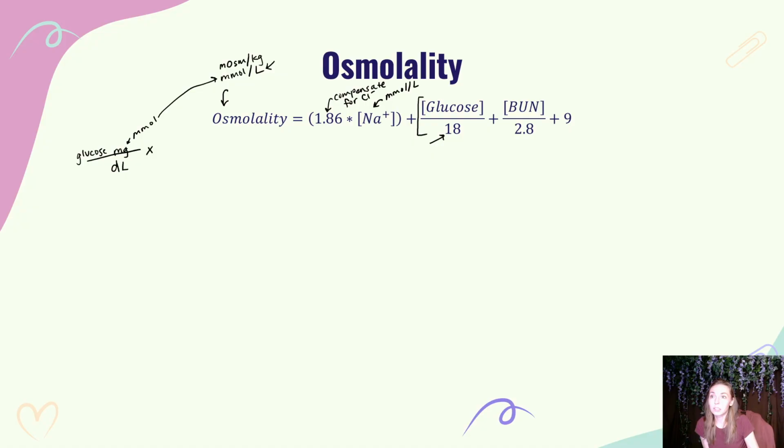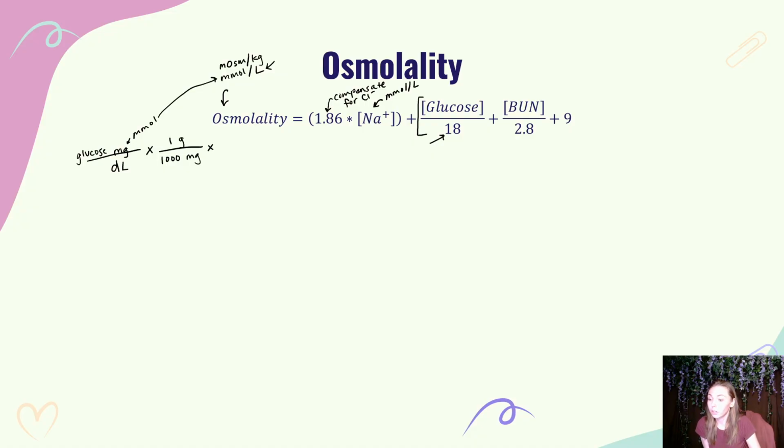Because it's already in the format we need, we don't have to do the conversion. Anyway, I have my milligrams per deciliter. I need to convert milligrams to grams, so that's going to be my ratio of grams to milligrams.